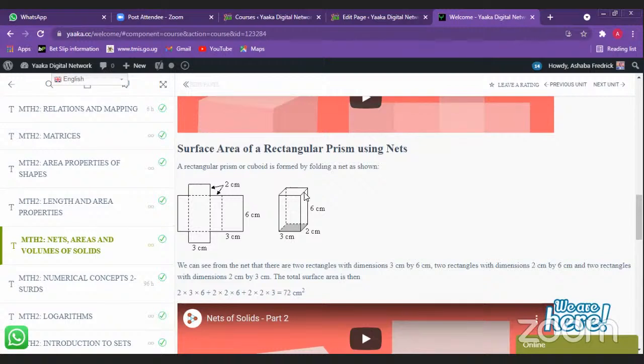So this would be 2 times 6, multiplied by 2 because it has another similar face. And then we get this face here, which is 3, and the height is 6. So we get 3 times 6, and multiply that by 2.